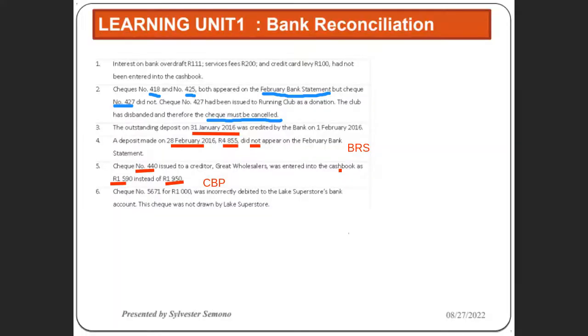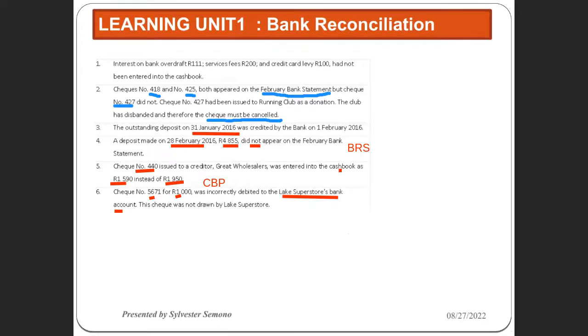As you can see here, 1,000 was incorrectly debited on the Lake Supers bank account. There's a mistake here. Just let me ask you a question before we continue. They say this check was not drawn by Lake. In other words, they took money from our bank account because we are Lake.